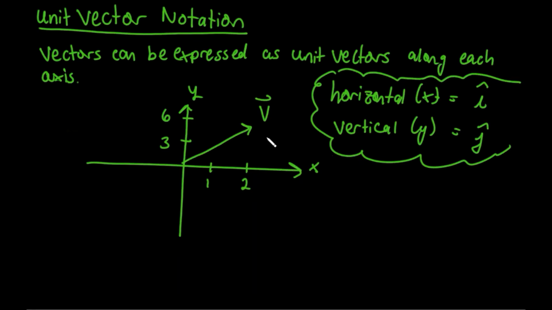So if we wanted to write vector v in terms of unit vector notation, we would go ahead and write out our unit vector for the horizontal. Remember, the unit vector is your I, and we would multiply it by the length of the horizontal component, which is 2. So then it becomes 2I.